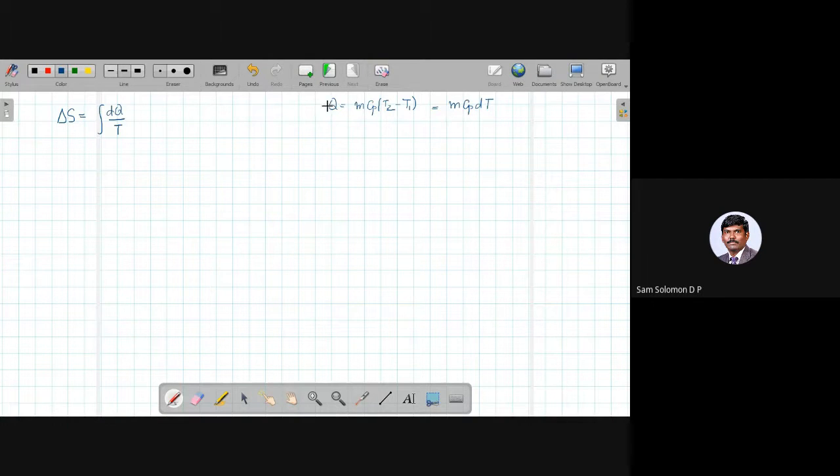Let me write it in two steps to avoid confusion. So Q is m Cp times dT, and then the left hand side can also be written as dq. So dq is m Cp times dT, which can be substituted over here.